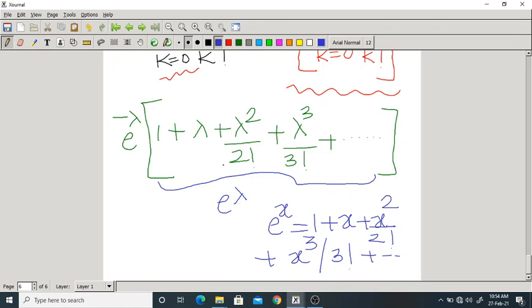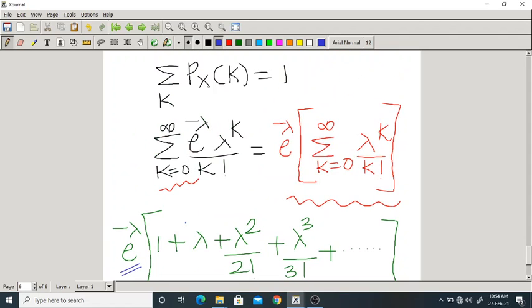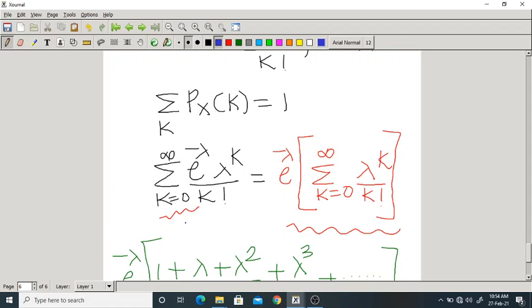In the same way, it is e power lambda. So this is e power minus lambda, this is e power lambda. What is e power minus lambda into e power lambda? It will be equal to 1. So which means sum of all PMFs is equal to 1.